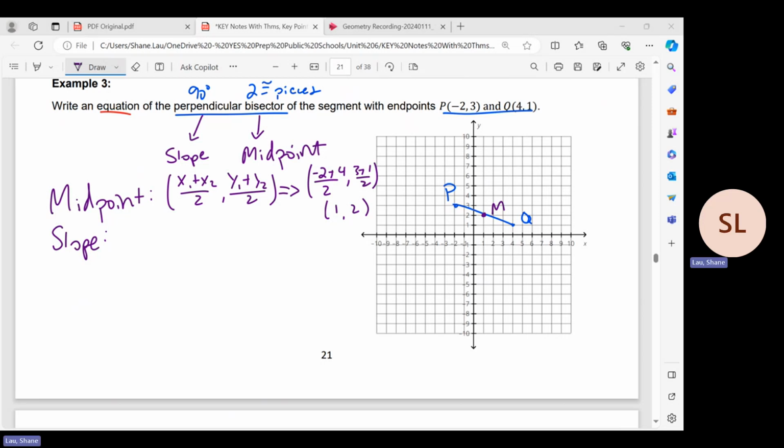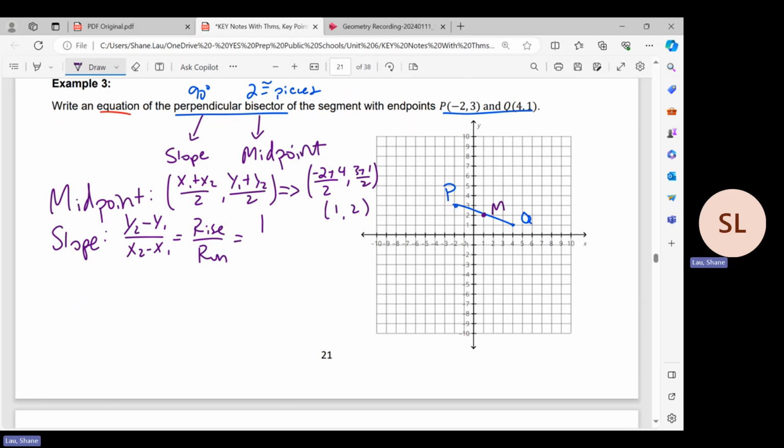We look for our slope. Remind ourselves that it's y2 minus y1 over x2 minus x1, or that's the same as rise over run. But we're going to still take in these values. Our y2 and x2 is usually the rightmost point, so we're going to take Q because it is our rightmost point.